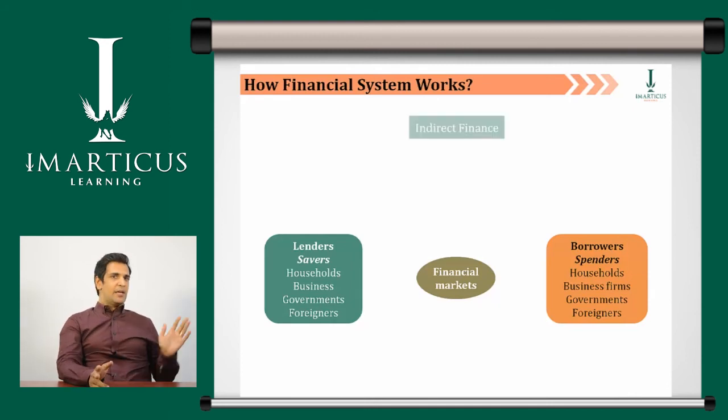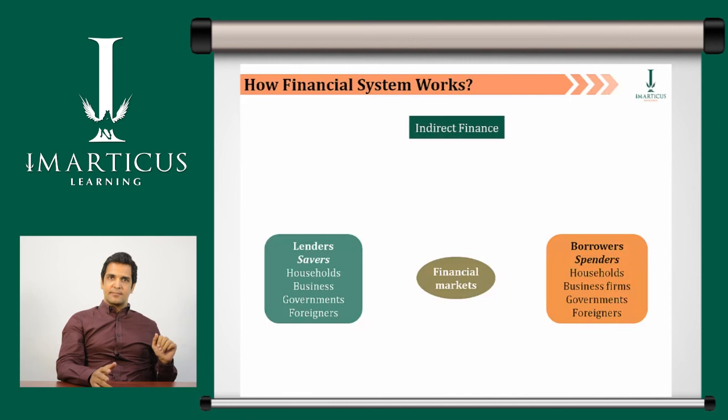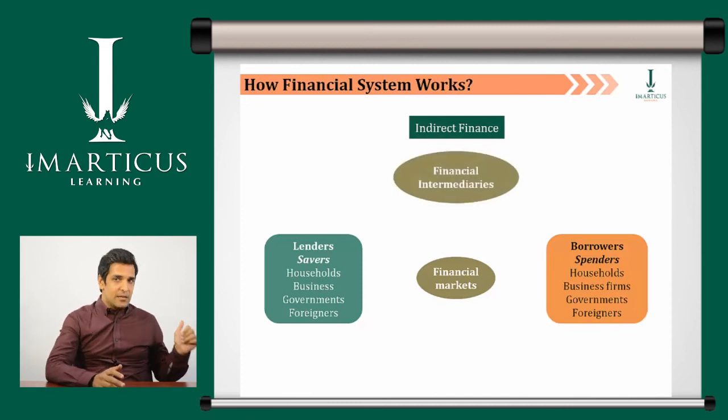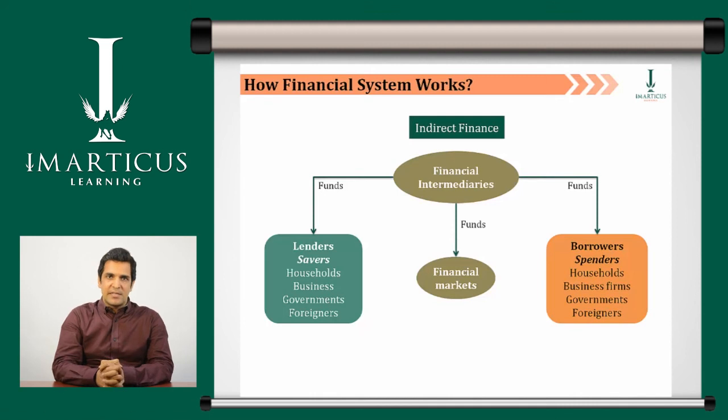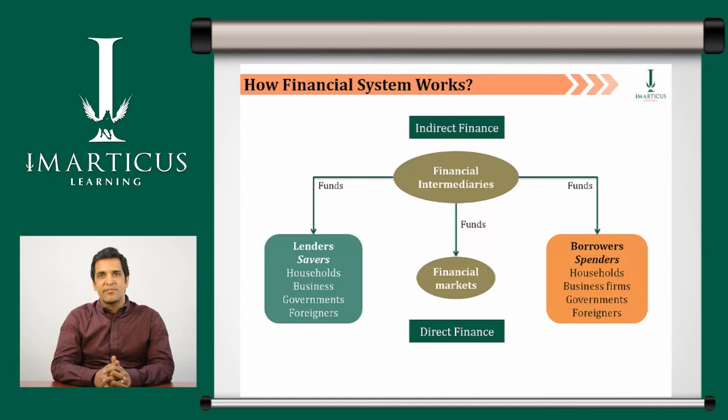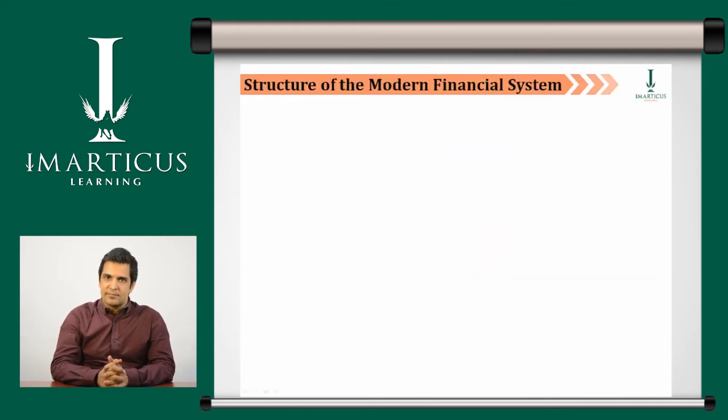There can be indirect financing, where the lenders transfer funds to intermediaries like banks, pension funds, mutual funds, insurance funds, etc. Or there can be direct financing, where the investors directly finance the borrowers by directly investing in their various products.